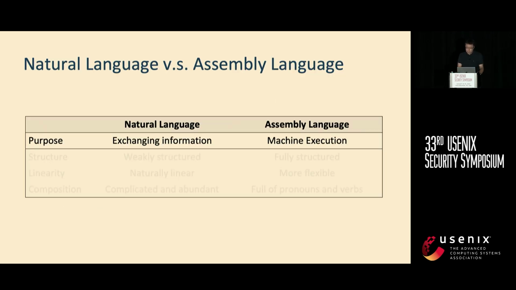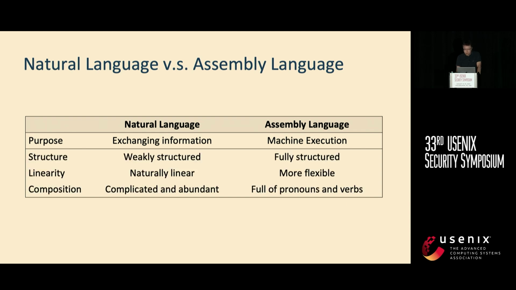Now let's look at the difference between natural languages and assembly languages. We believe the fundamental difference originates from the fact that assembly languages are mainly designed for machine execution, but natural languages are naturally developed by humans for communication.